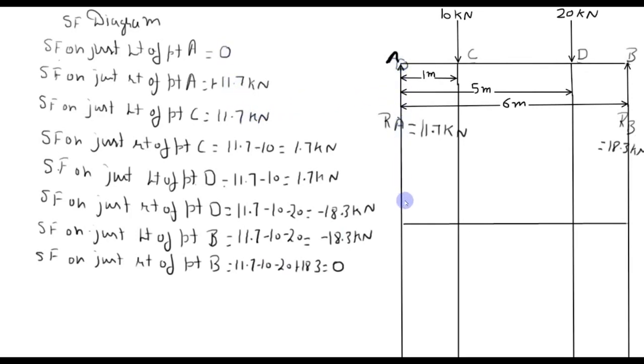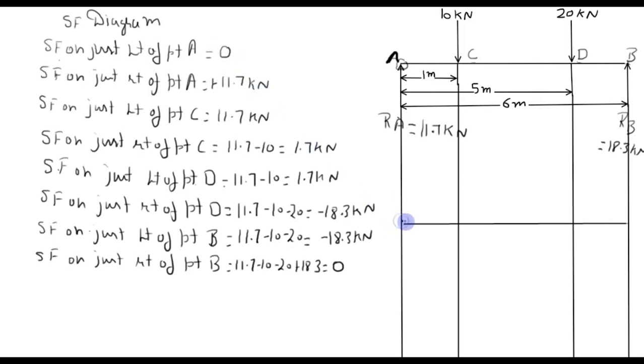Now we have to extend all these points on a reference line. So this is reference line, upward is positive, downward is negative. Extend all these points A, C, D and B on this reference line. Now plot all these values on this reference line.